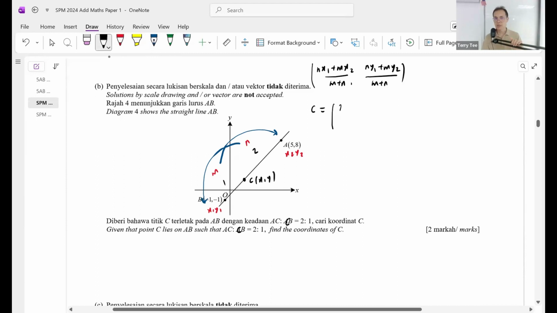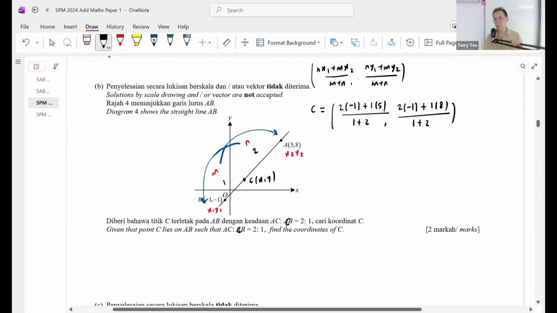So let's begin by taking 2 multiplied by -1, plus 1 multiplied by 5, total ratio 1 plus 2. Then you continue with the second coordinate, the y coordinate, 2, still -1, right? Your n is still -1, the y coordinate, m is 1 multiplied by 8, total ratio 1 plus 2.